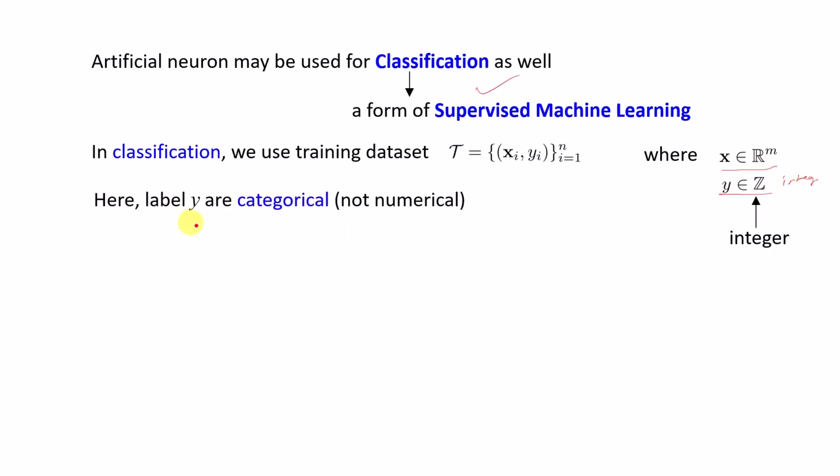So the labels y here are categorical. They are not numerical. What do we mean by categorical? Categorical means that this is like good, bad, pass, fail, or let us say black, red, white, green, similar types of classes. They are categorized in different kinds of classes.